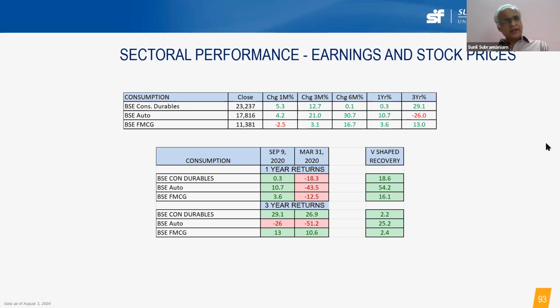The auto sector rise is partially explained by the rise in the two-wheelers and the cars and the tractors, and the fact that their last year was very bad. On a comparison basis, from a negative of 43% 1 year return in March, they are now at 10% positive, right? But do the earnings of these reflect this kind of a positive? Not at all.